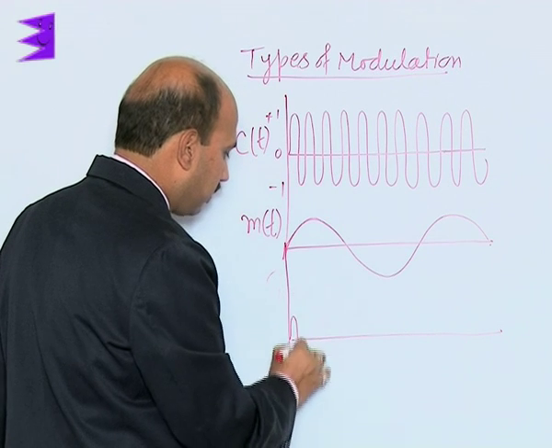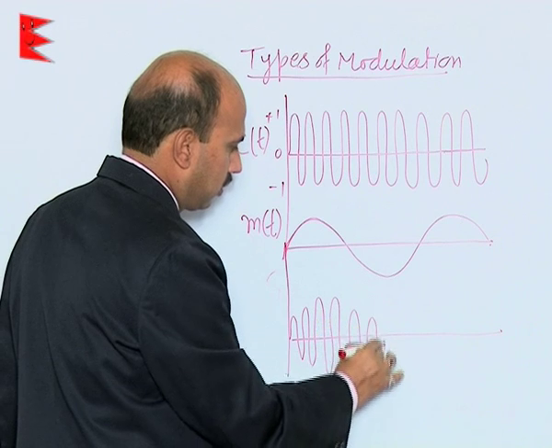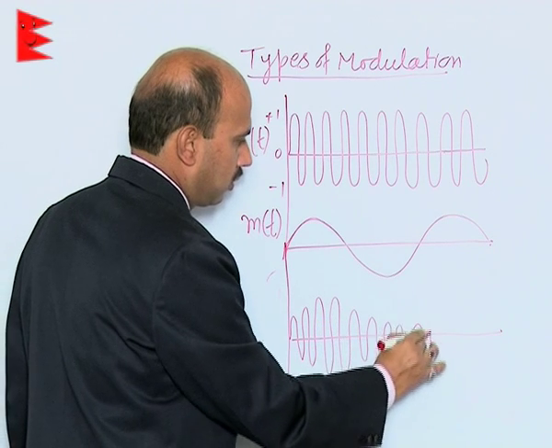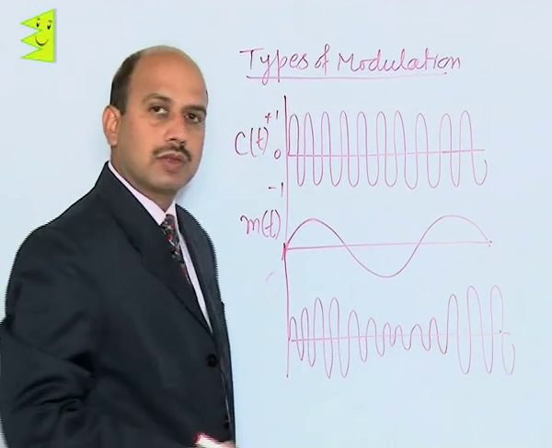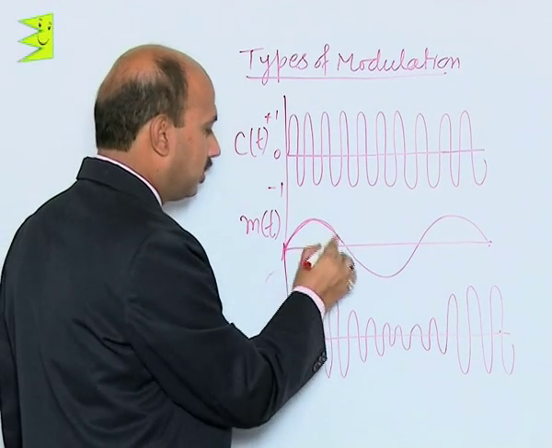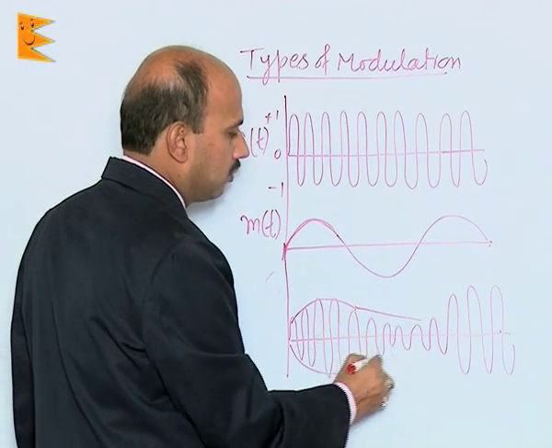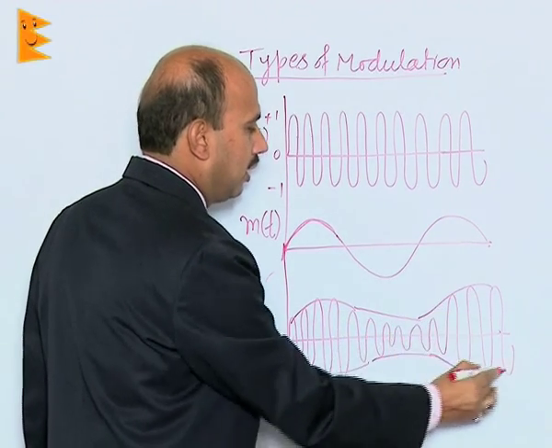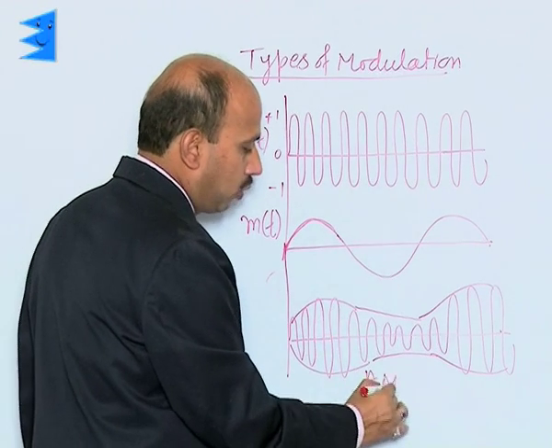Here the amplitude is larger, then smaller, and then again larger. So this is the AM wave.